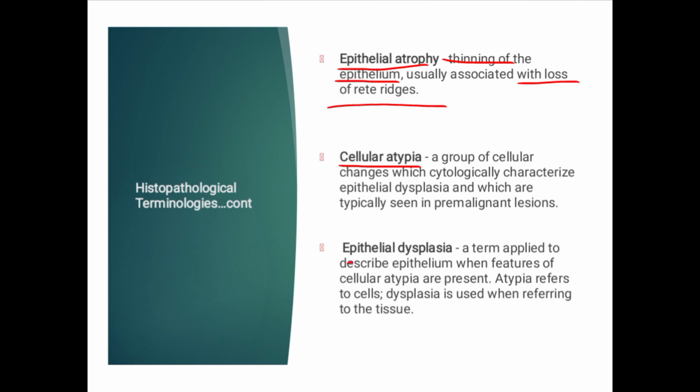That is the difference between cellular atypia and epithelial dysplasia. Cellular atypia can also be seen in the premalignant lesion, where dysplasia can also be seen.